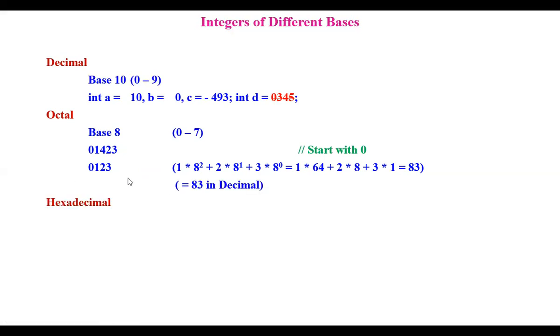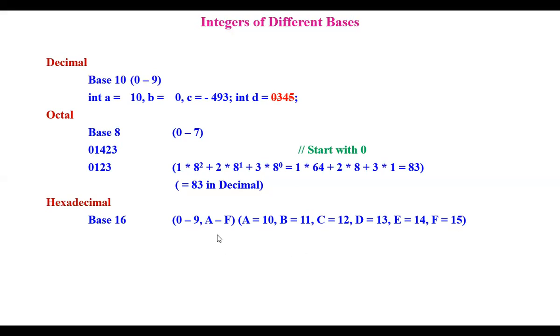Hexadecimal. Coming to the hexadecimal, it uses 16 numbers and it has a base of 16. The numbers are 10 numbers, that is 0 and 1 to 9, and A to F. Letter A is used as 10, B 11, C 12, D 13, E 14, F 15.